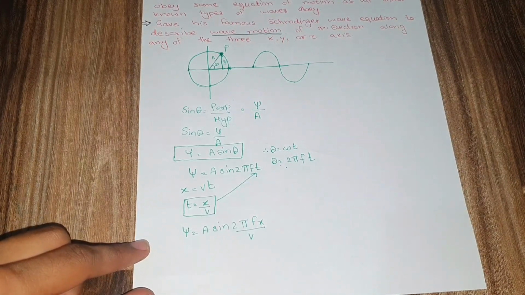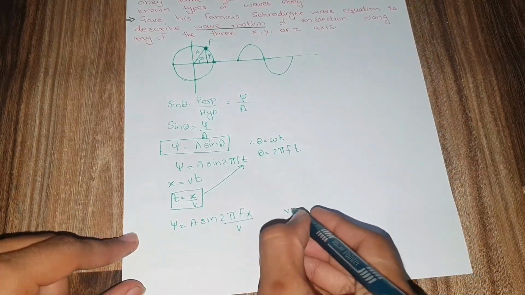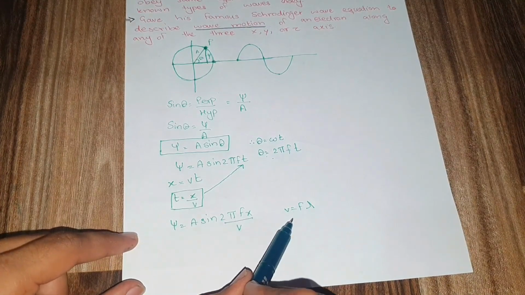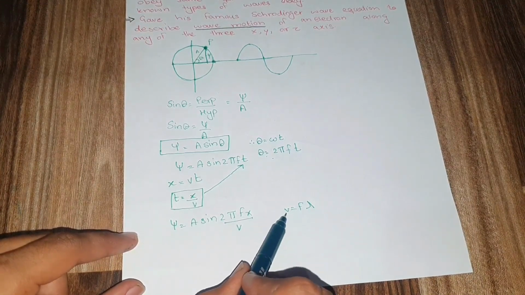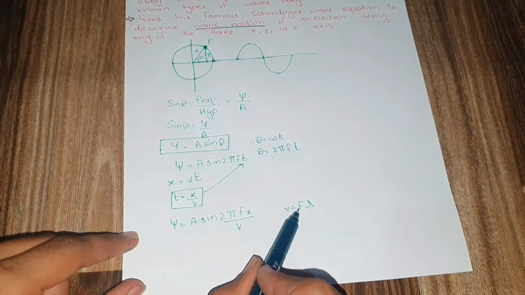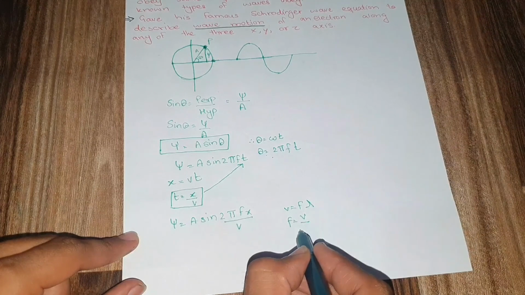So what is next? You know the formula, v is equal to frequency multiplied by lambda. That is a very famous formula, and you have heard about it before. Here we are going to find the value of frequency. If I want to find the frequency, lambda will divide here, so f will be equal to v over lambda.